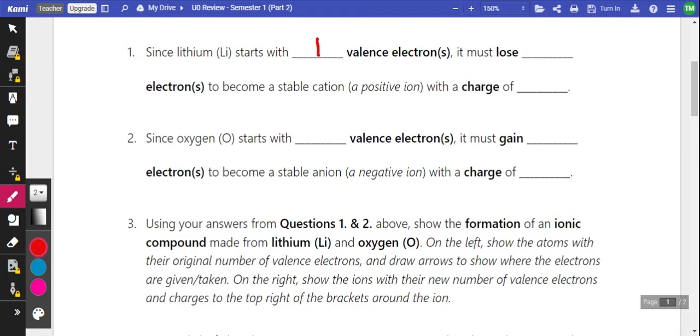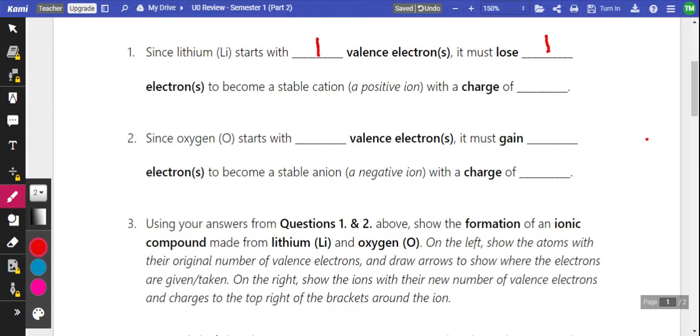But that's a big undertaking. It would be easier if lithium just lost 1 valence electron. It would back up and be like helium, which is another noble gas. So if we lose that 1 valence electron on lithium, it should become more stable.